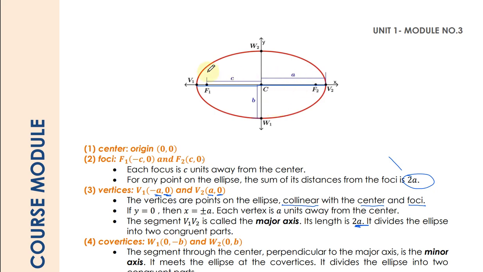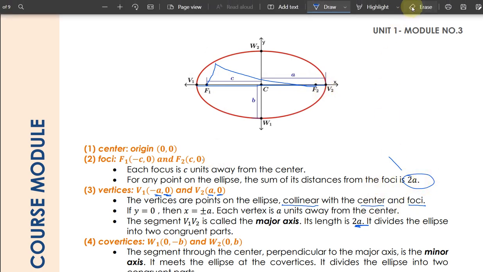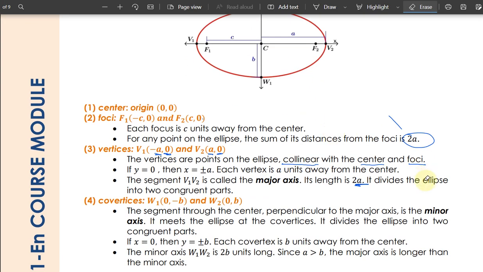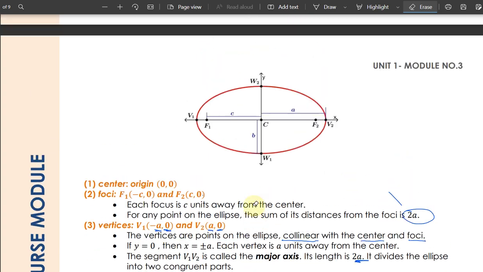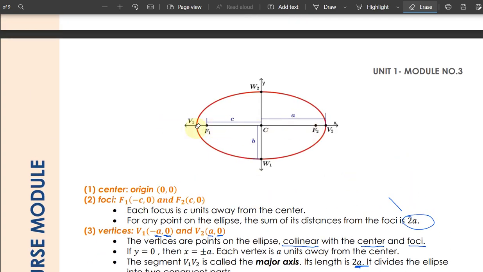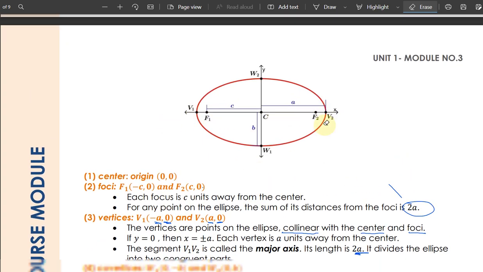So the major axis is 2a. It divides the ellipse into two congruent parts, meaning two equal parts.